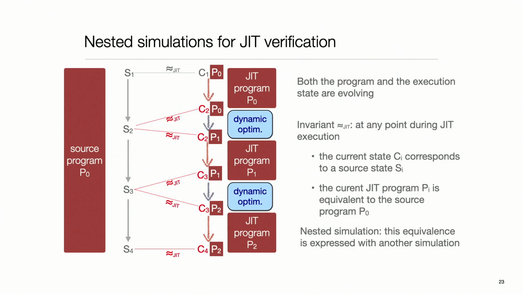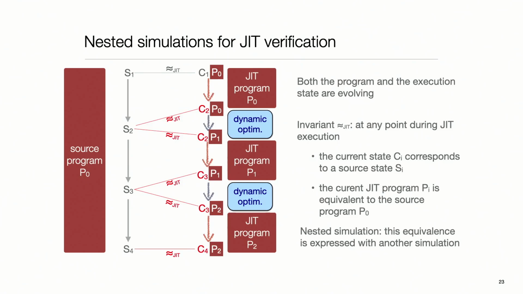In this invariant, there is an equivalence between programs, and this equivalence itself is expressed using another simulation. We call this nested simulations. So we need two simulations to prove that the JIT program has the same semantics. But once again, we were able to reuse CompCert proofs and the simulation diagrams of CompCert.